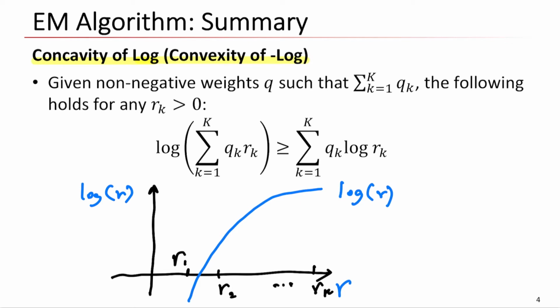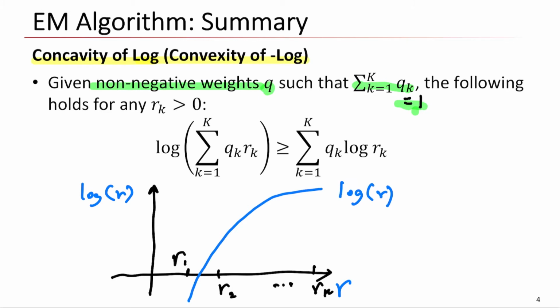First of all, given non-negative weights Q such that the summation of the QK is 1, so it should be 1.